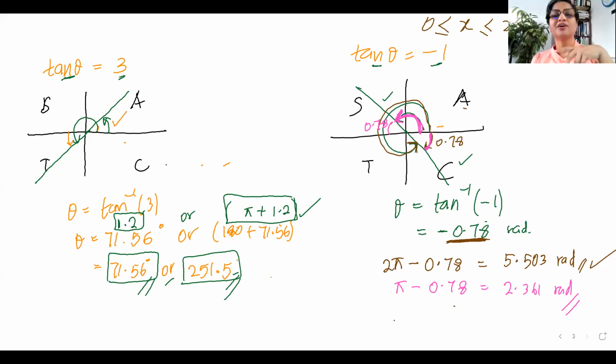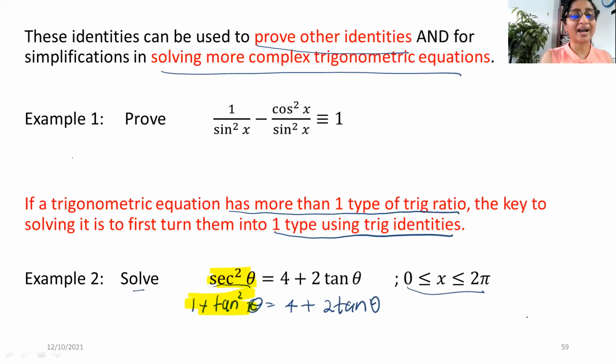To show you where we need identities in solving equations. We couldn't have solved this if we didn't have identities. So these are the usages of identities.